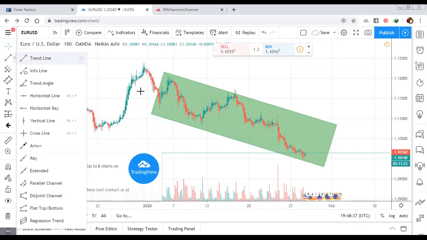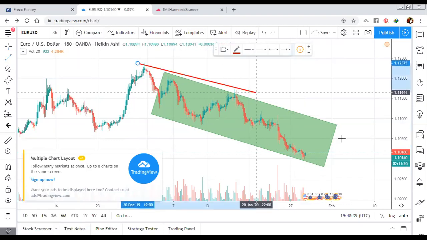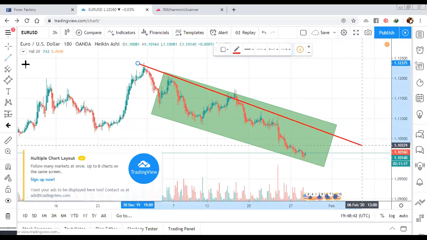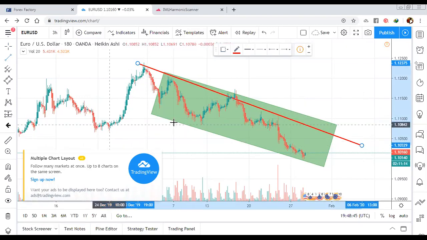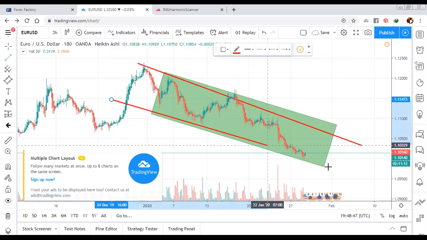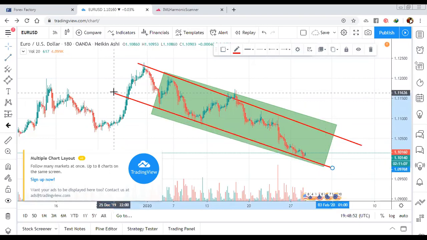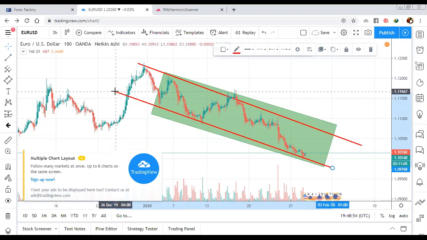Now, why do I say it is a channel? Because you have two trend lines going downwards and the market is respecting them. In this channel, as you can see, the market would go up at some point and it will still come down.